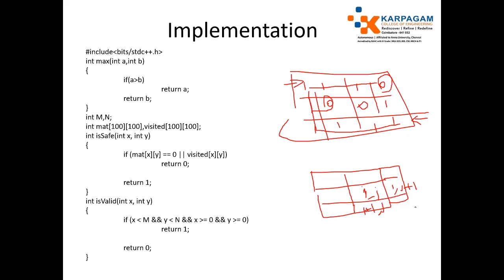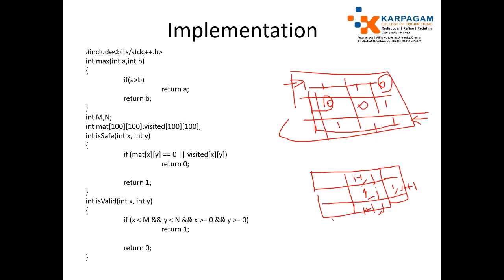We cannot move diagonally. If you wish to move up, just go to the previous row: i minus 1 comma j.